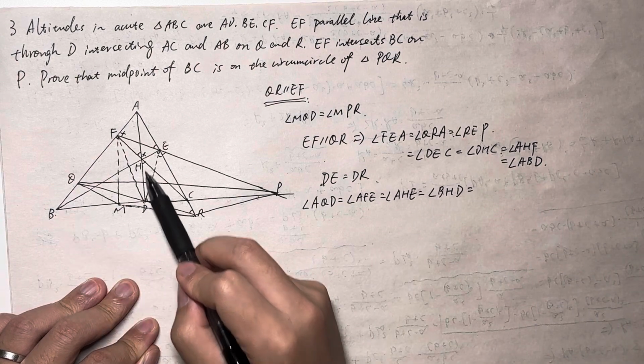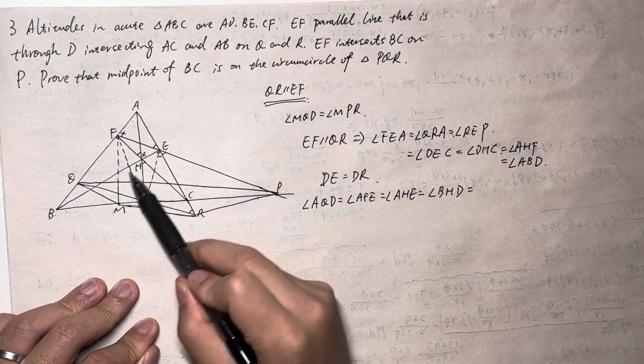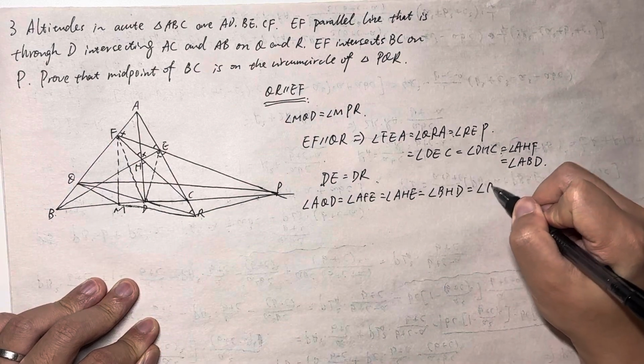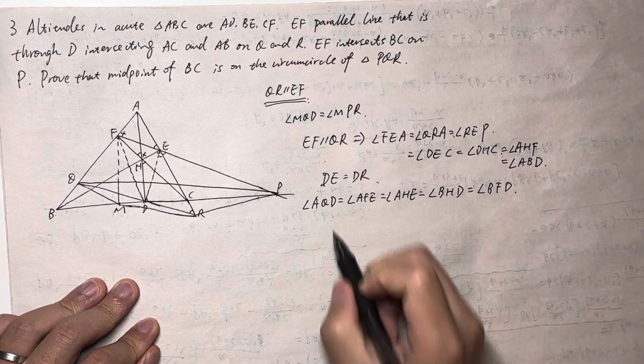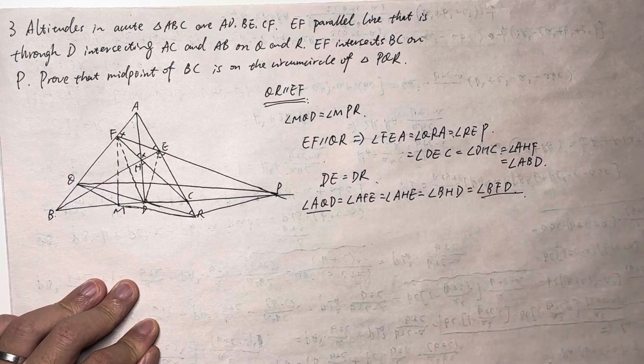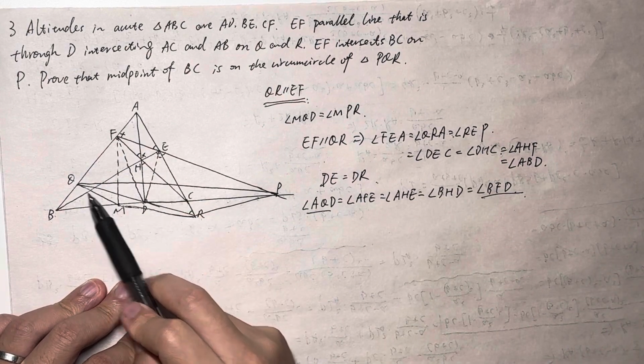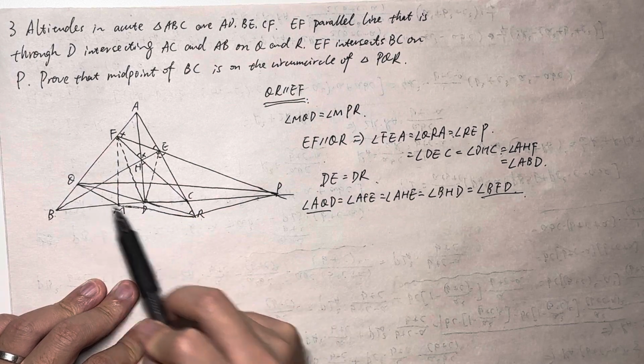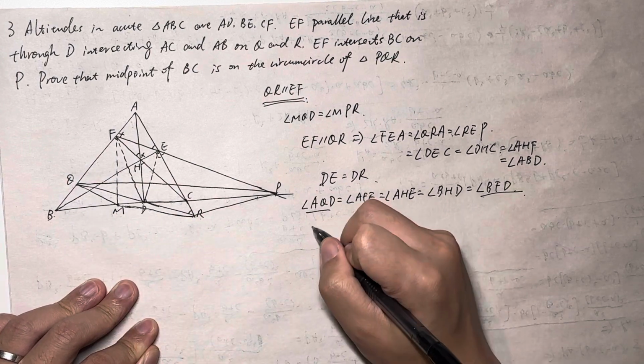And because BDHF are cyclic, angle BHD equals angle BFD. Now we see that angle AQD equals angle BFD, which means DQ equals DF, right?